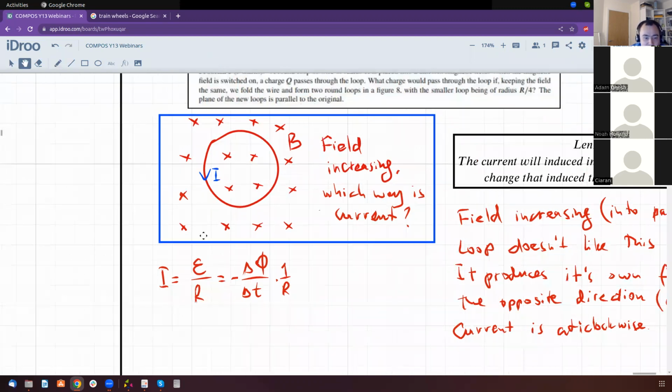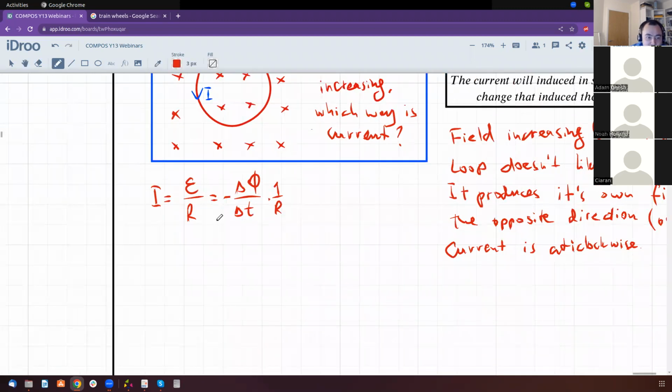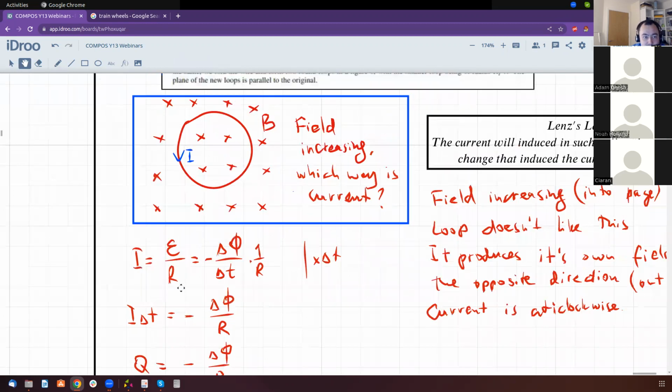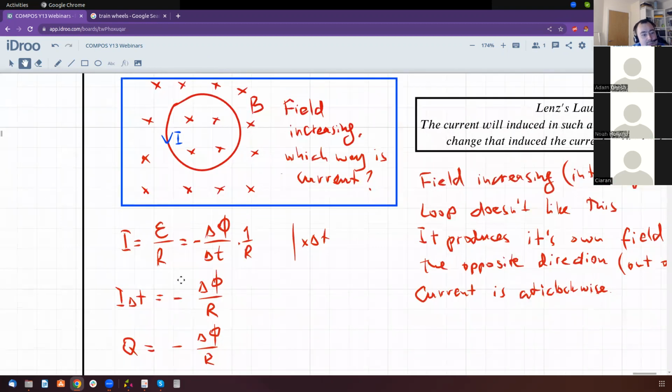And we know that we multiply by delta T. So current times delta T is equal to minus delta phi divided by R. And that's the charge. So charge is minus delta phi divided by R. That's the charge that flows through the loop.